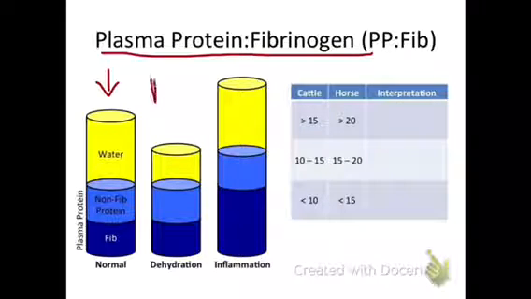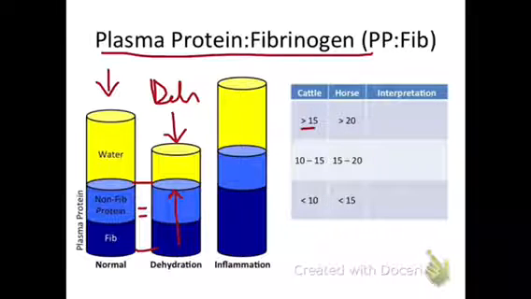During times of dehydration, though, there is a decrease in the water concentration, which results in a relative increase in the protein concentration. However, the relative increases are proportionate, so the ratios don't change. So the ratio between the plasma protein and fibrinogen for the normal patient and the plasma protein and fibrinogen ratio in the dehydrated patient, they're the same ratio.